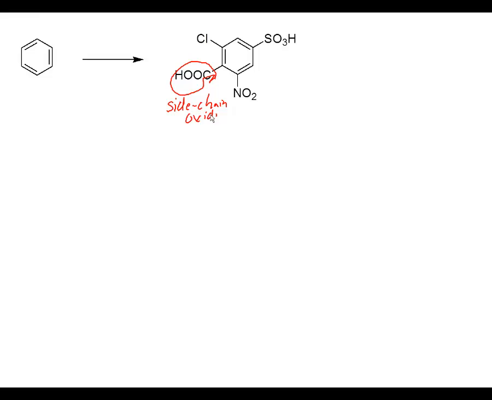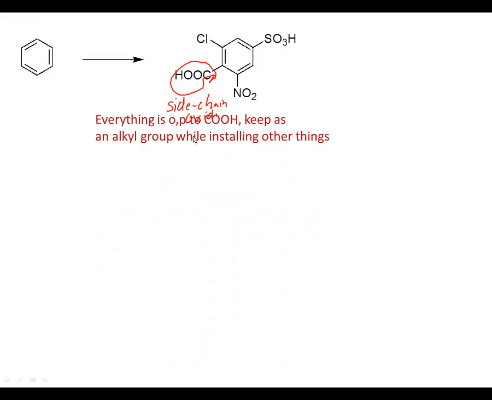After the side chain oxidation, it's a carboxylic acid and electron withdrawing, or meta-directing. Notice how everything here is either ortho or para to the COOH, which means that we want to keep the alkyl group intact while installing these other things. We want this to be an alkyl group and then just put things in ortho-para to it.